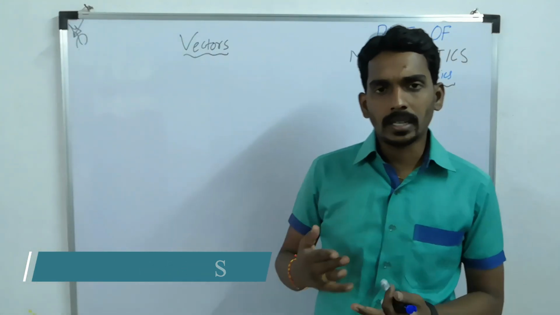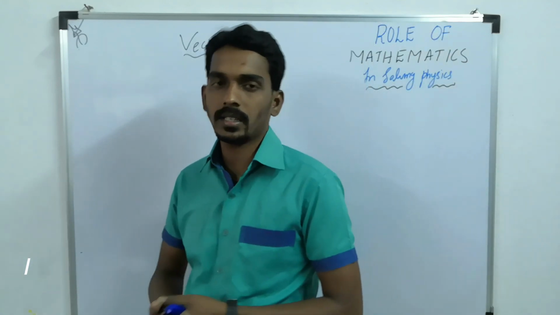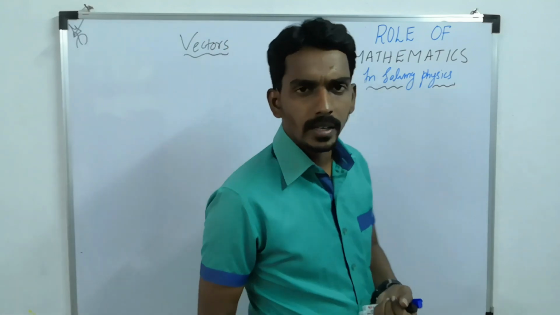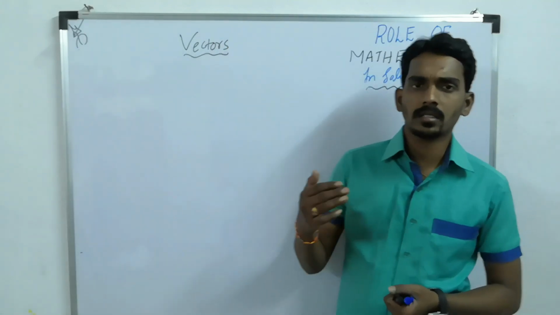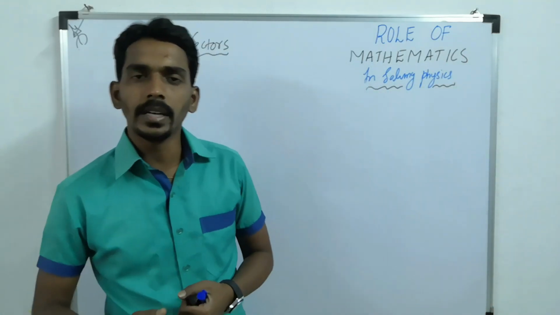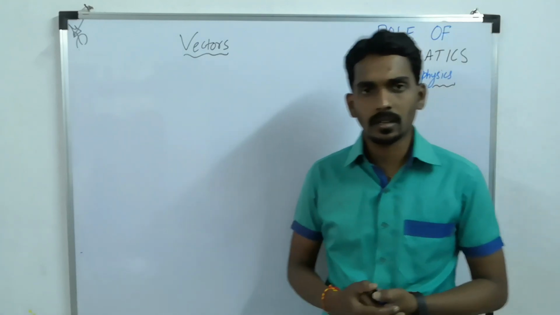What is a vector? A quantity which has magnitude as well as direction. There are so many vector quantities in physics: displacement, velocity, acceleration, force, torque, and so on. For everything you need to specify direction. So how do you specify the direction?